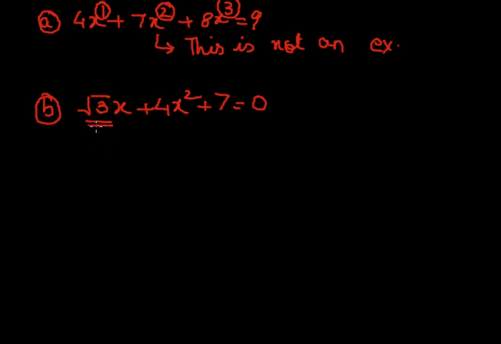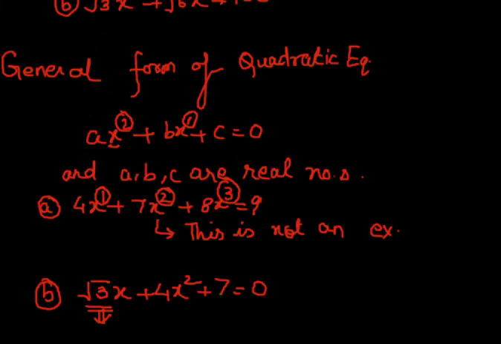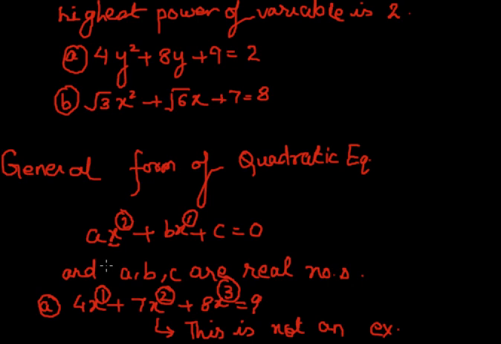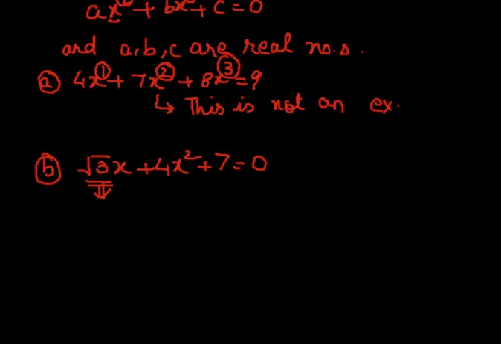So this is the matter of discussion: is this a quadratic equation or not? Yes, this is the quadratic equation because in the general form of quadratic equation we have stated that a, b, c all are real numbers, and in this equation square root 3 is a real number. So this is an example of quadratic equation.